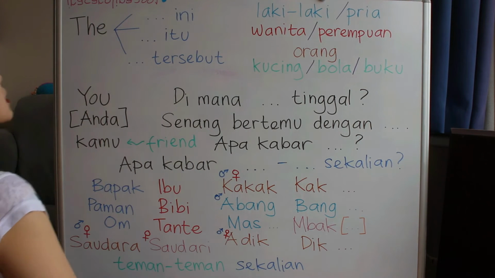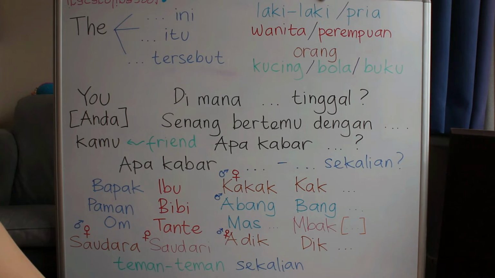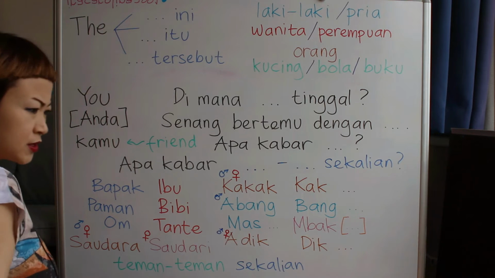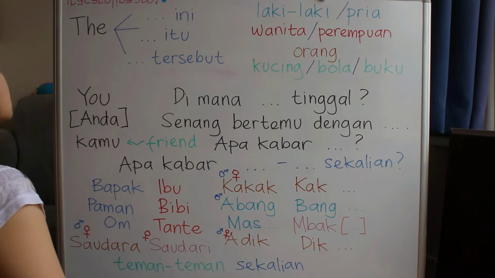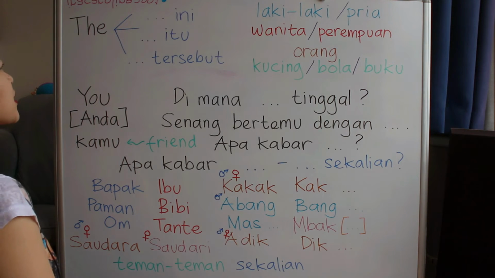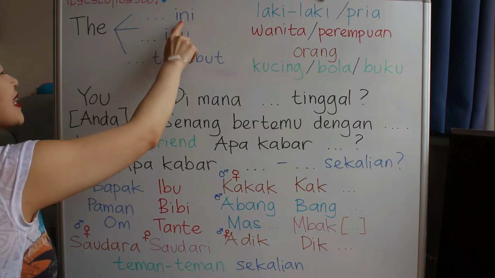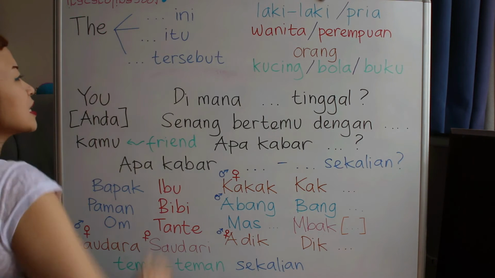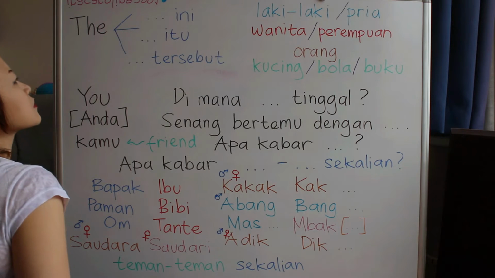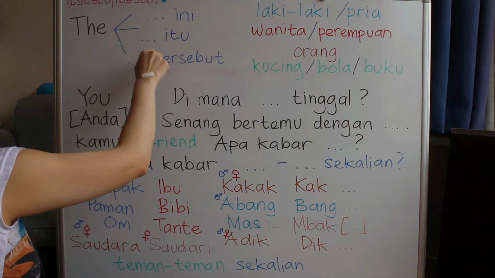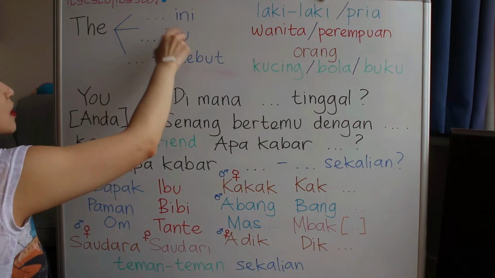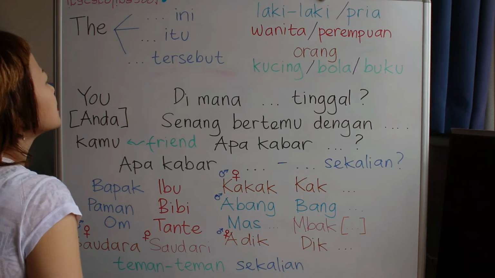Yeah. The "the" nowadays, or in the common years, is most used with something, blah blah blah, and then ini, this, or blah blah blah, and then space itu, that.